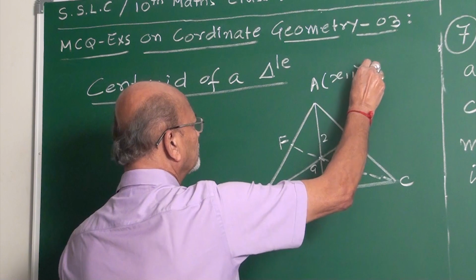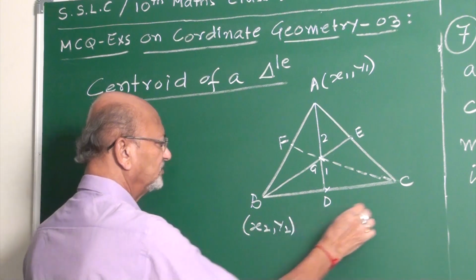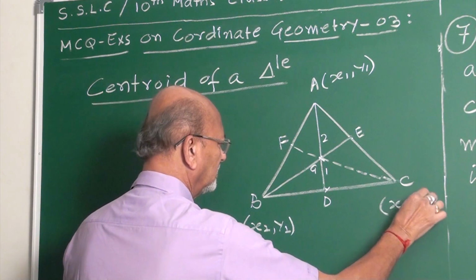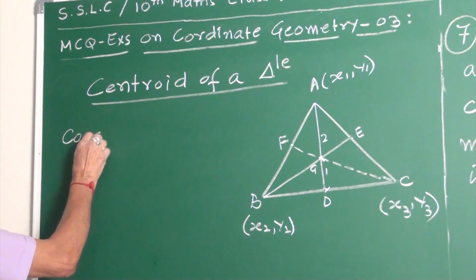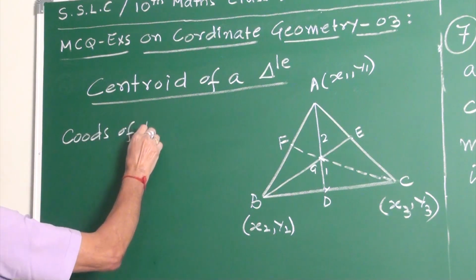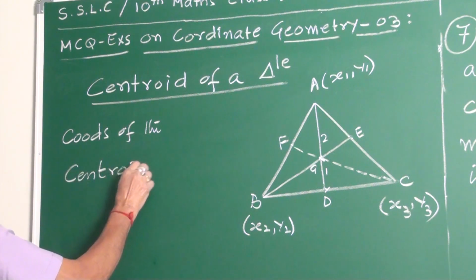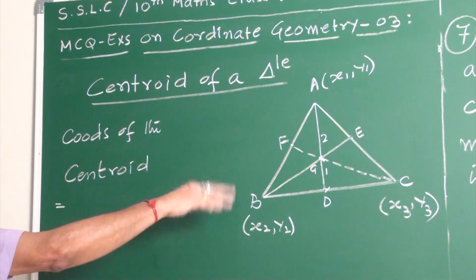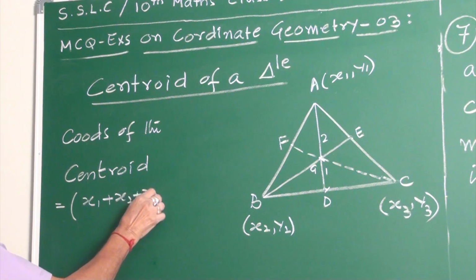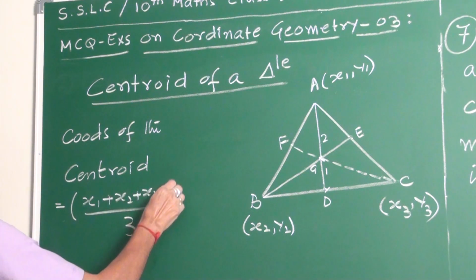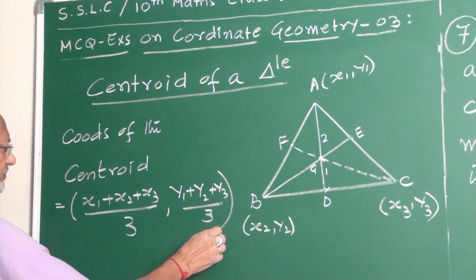are (x1, y1), B (x2, y2), C (x3, y3), then the coordinates of the centroid are: add all x coordinates, (x1 plus x2 plus x3) upon 3, and add all y coordinates, (y1 plus y2 plus y3) upon 3.